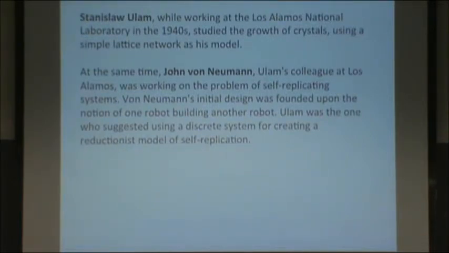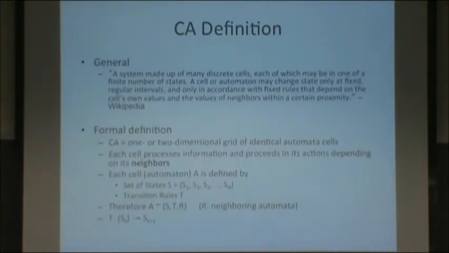His idea was to build a robot that can build a robot itself. And it was fairly challenging. I don't think he ever finished it, but along the way he came up with the idea of a very simple model. It was a discrete system for the self-replication. And then they started working together on that.